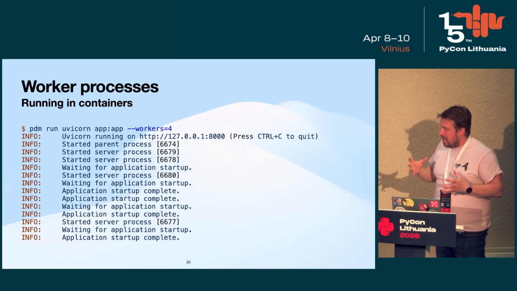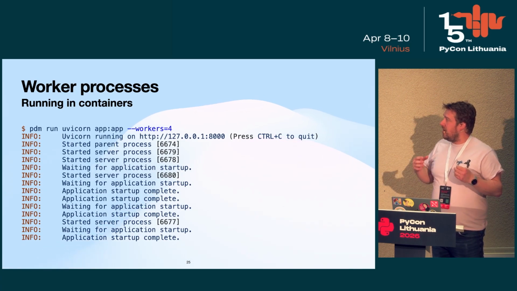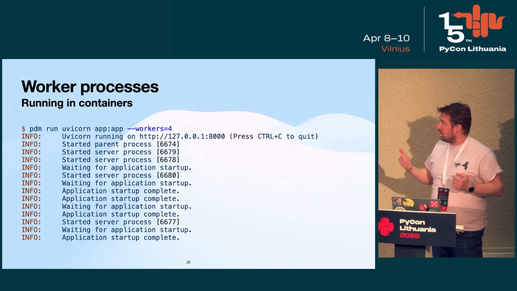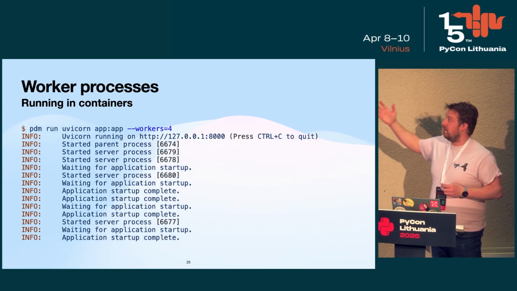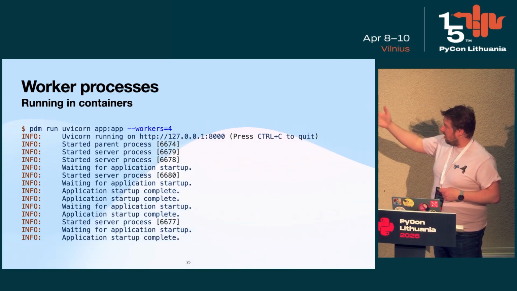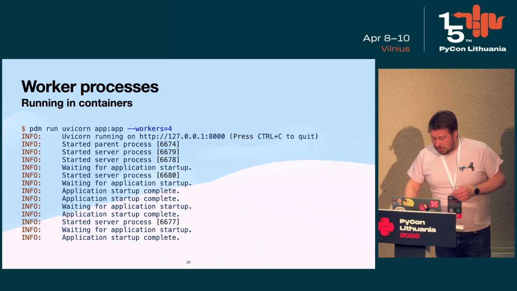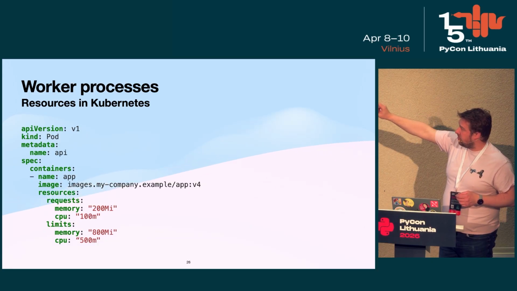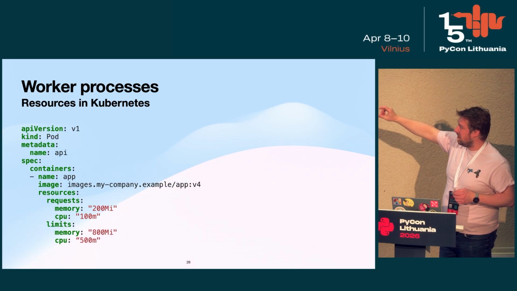But there's obviously a penalty to pay for that, because if you're running any sidecar containers, if you're running any other things, or if you're scaling that up, there's a time penalty. So you may want to look at actually running multiple worker threads inside a single container. And I tried that, and it does work, and it works quite well. One thing which can then trip you up is your resource requests and limits for your containers.